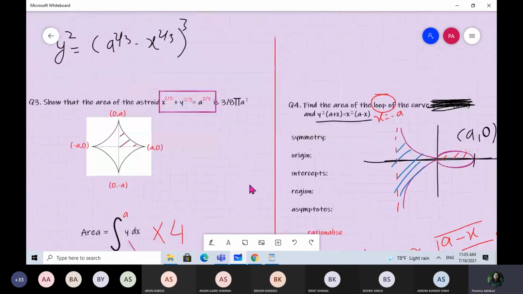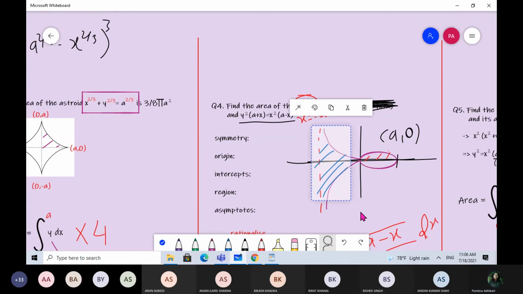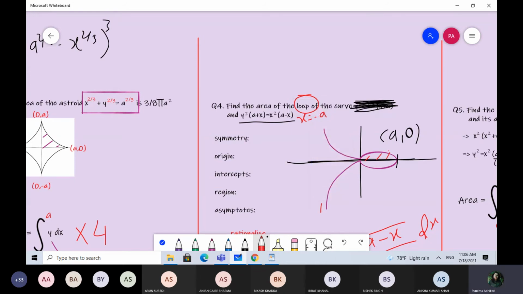Now let's look at this question which you have already traced. You all have already traced this curve. Now we will see how to find out its area. We are talking about this equation: y square (a plus x) equals x square (a minus x).